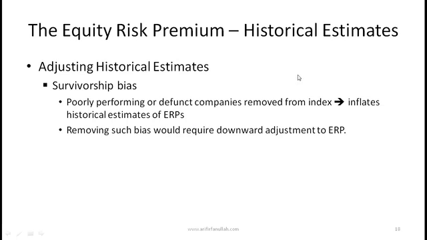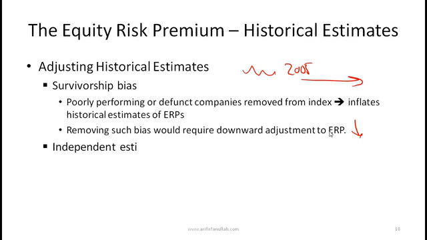So if you're looking at, from 2005 onwards, how has a given index performed, the fact is that a bunch of poor performing stocks have been removed from the index. So the index will have a survivorship bias, and hence the index return will be a little overstated. So it inflates the historical estimate. Removing such biases would require a downward adjustment of the equity risk premium.